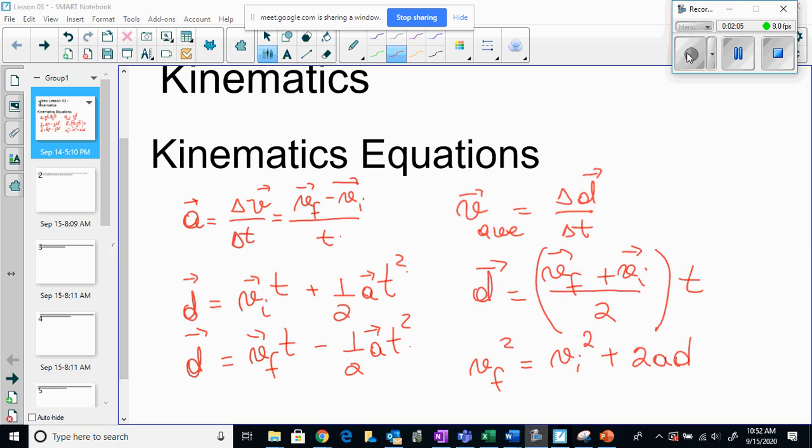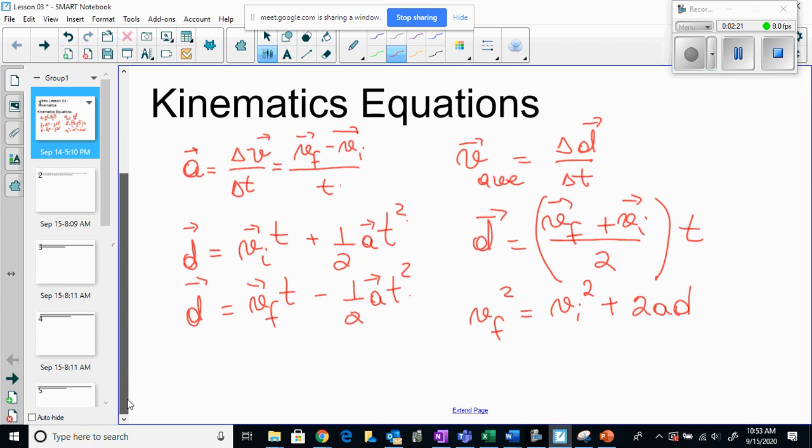So then we have, as I said, the average velocity. That is a formula that you have seen even in Science 10 and pretty much every time since you started working with physics. And then displacement is v final plus v initial over 2 times time. And then the last one is v final squared is equal to v initial squared plus 2ad.